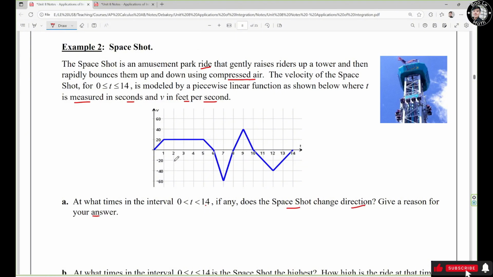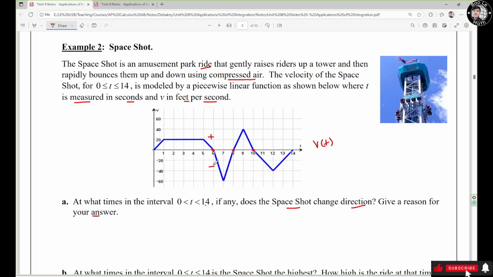Alright, so we look at the graph right here. This one is the v of t function. Now, the space shot changes direction when v of t changes sign. It changes sign right here, and right here. Why? Because this part above the axis is positive, and this part below the axis is negative.